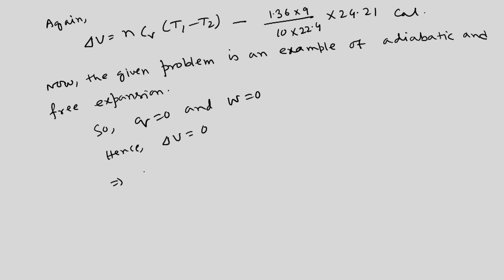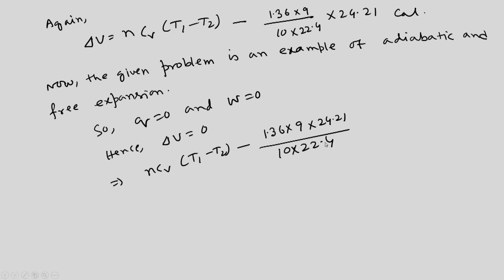So, we can write n Cv (T1 minus T2) minus 1.36 times 9 times 24.21 by (10 times 22.4). Okay.